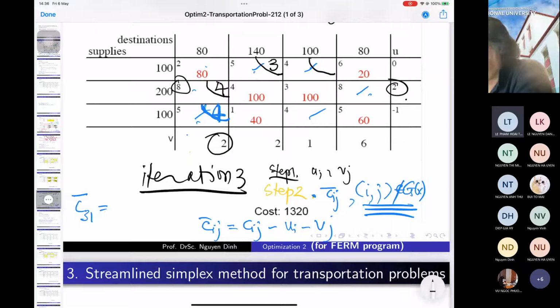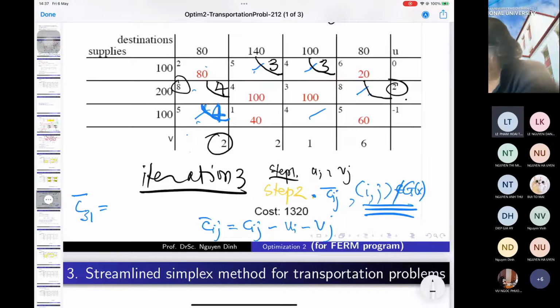Here, C bar 1,3 is equal to what? 4 minus 0 minus 1. Then it is also 3. This one is so easy.